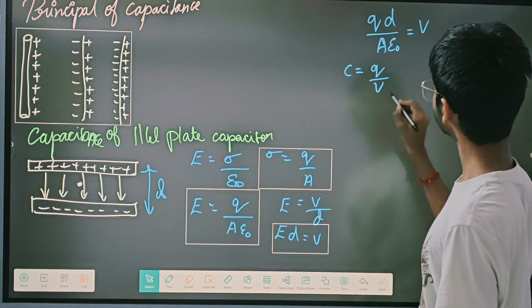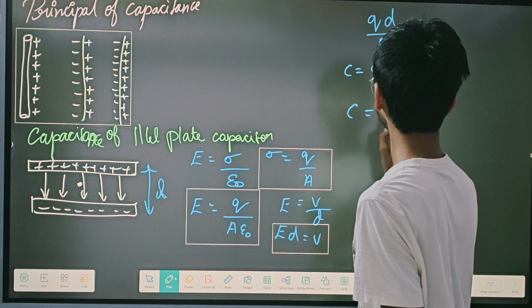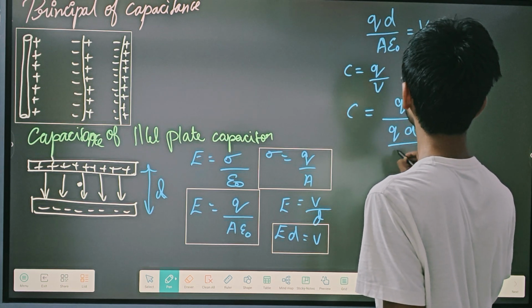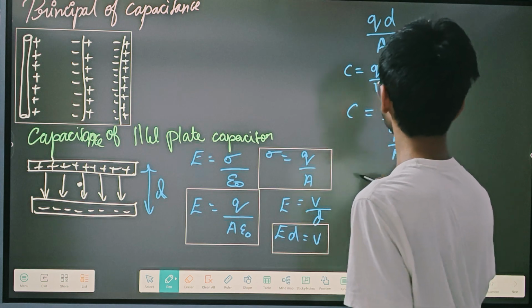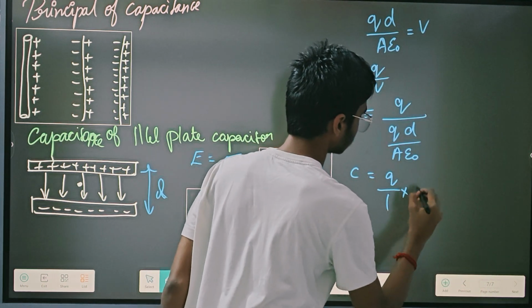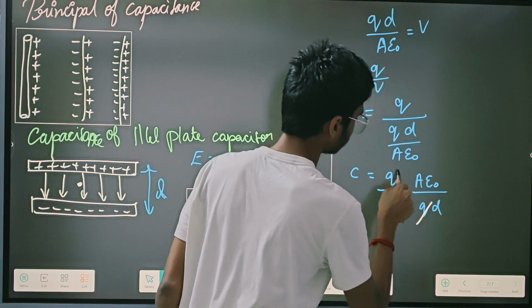So just substitute this V formula in this place. C is equal to Q whole divided by QD by A epsilon naught. So C is equal to Q by 1 into A epsilon naught by QD. Q can be cancelled out.